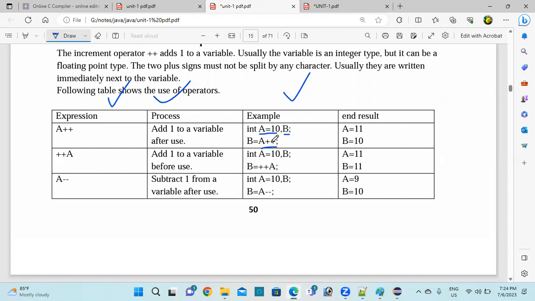Post increment is nothing but don't increment the value initially. Just postpone it. Whatever the a value is, don't increment it. What is the a value now? 10. Assign it to b, so b equals 10. After that, you increment the a value to 11.